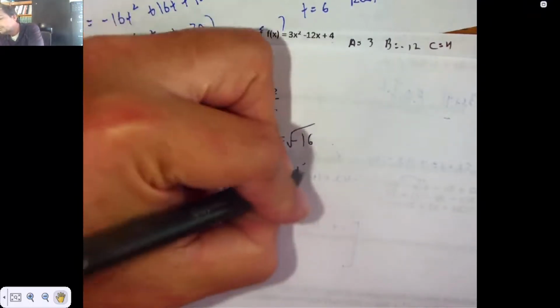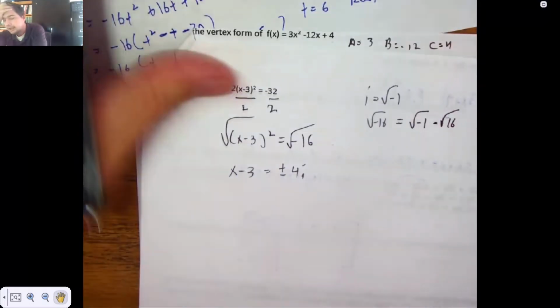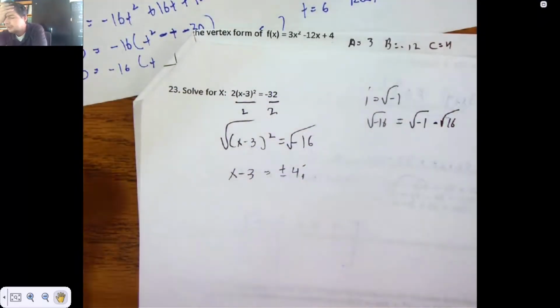And the square root of negative 16 is 4i. You okay with that? I hope you are. Remember that i is the root of negative 1. So when I see the square root of negative 16, I can think of that as the root of negative 1 times the root of 16. And that was assigned to y'all, so you should understand this.